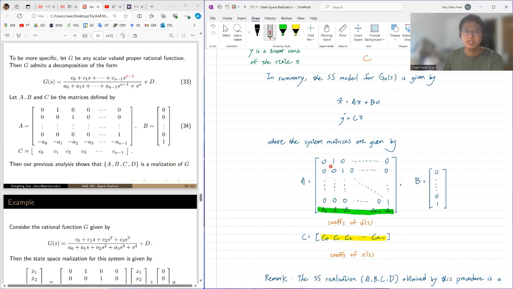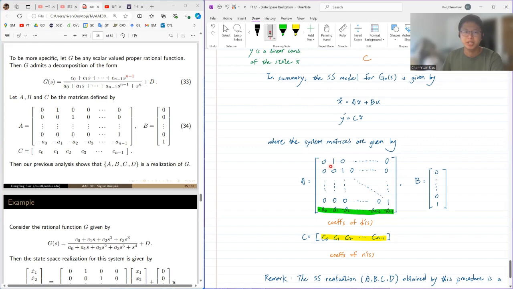Specifically, the state transition matrix A is an n by n matrix consisting of three components: an n-1 by 1 zero vector, an n-1 by n-1 identity matrix, and a 1 by n row vector comprised of the coefficients of the denominator polynomial d prime of s.